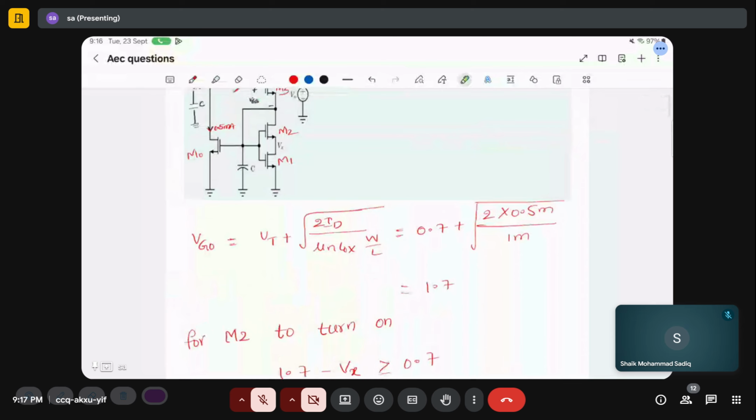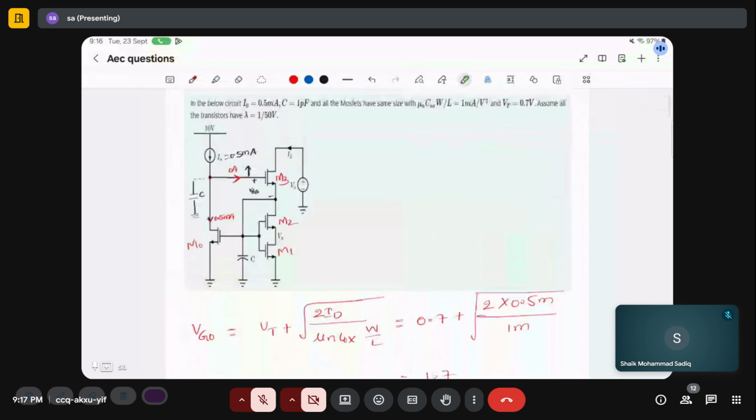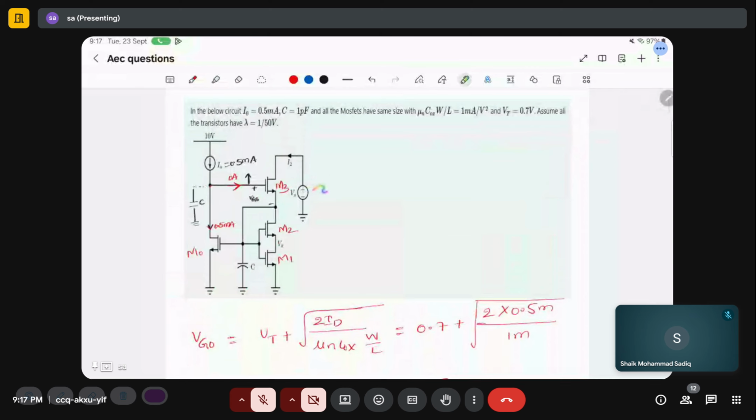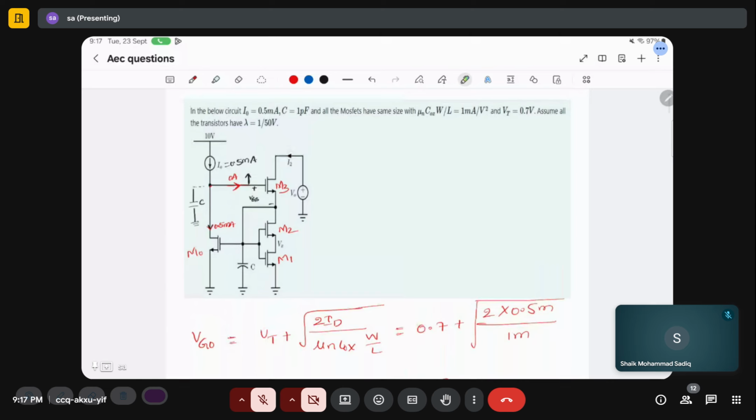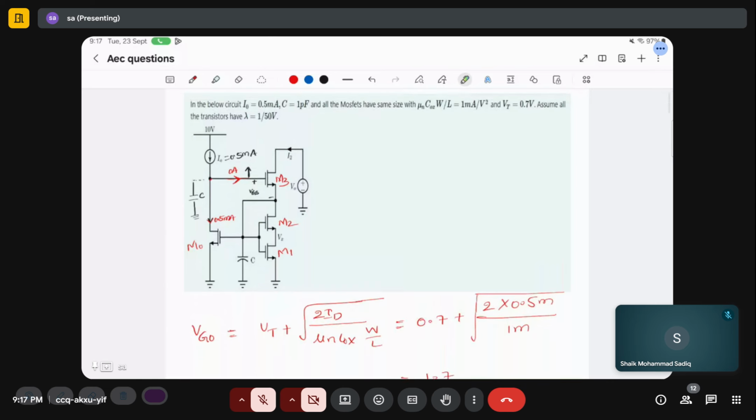So the question they have asked is we should find the minimum potential at this node, V naught, for M3 to be in saturation, or to work as a current source.